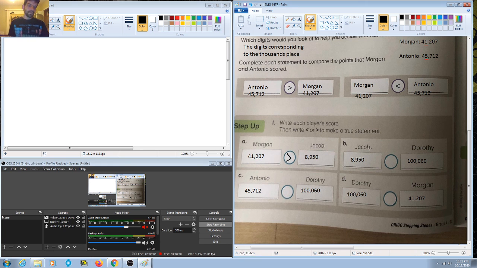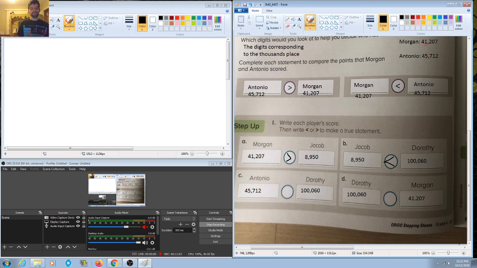Okay. For letter B, we have a 4-digit number with Jacob's score, and Dorothy's score is a 6-digit number. So because the highest place value that Jacob has is the thousandth place, and Dorothy's highest place value is the 100,000th place, being a 6-digit number, then Dorothy's score will automatically be higher.